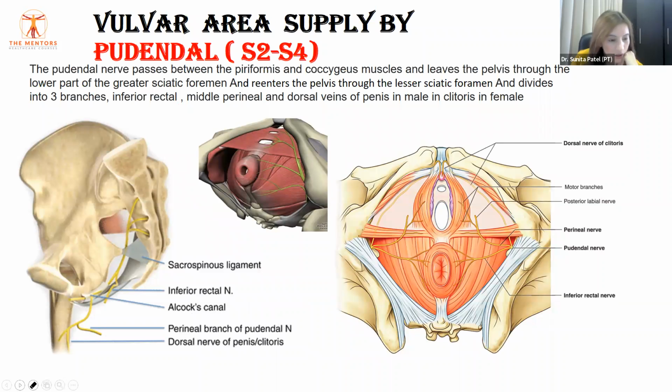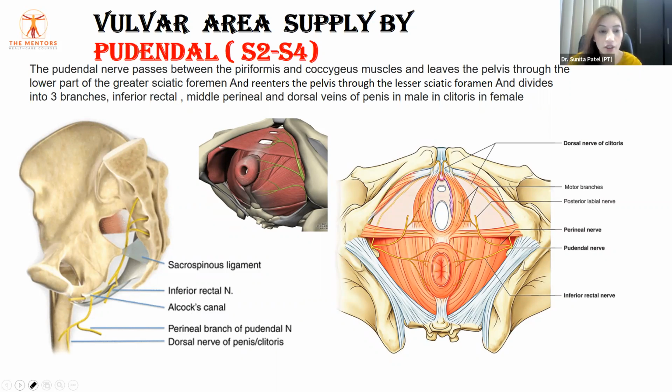All right. Once we are talking about the superficial layer of the pelvic floor, up to some time, it was believed that the whole pelvic floor, all these three layers, superficial, middle, and levator ani, the deeper layer, all the muscles are supplied by pudendal nerve.